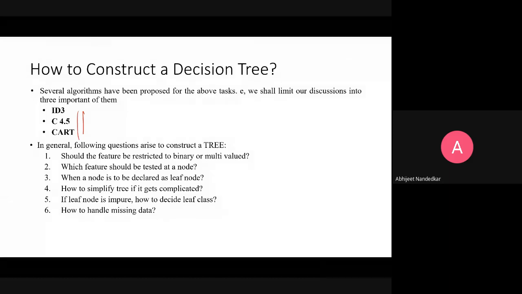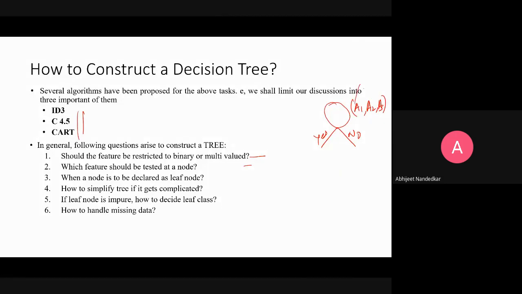Now, should the feature be restricted to binary or multi-valued? Okay, so that is a question. Which feature should be tested at a node first? That means when I start with the whole set and then I need to pose a question, suppose it is of type yes or no on a binary feature, and I have a list of features like A1, A2, and so on.